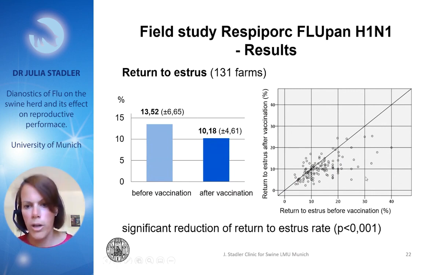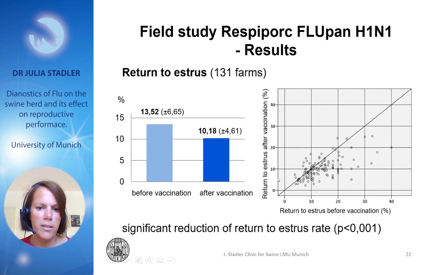So I want to show you one example. Hope you can see my pointer. This farm here had a return to estrus rate of 25% before vaccination, and it was reduced to 5% after vaccination. You can see that the data again varied enormously between the farms.